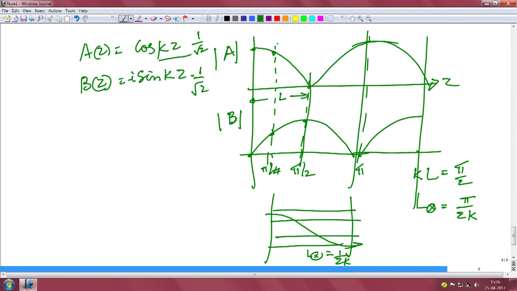You can say that the power is divided equally, since powers are proportional to A square and B square. A square and B square represent the power, and power is half. So, power is divided equally if you choose the length L cross by 2.